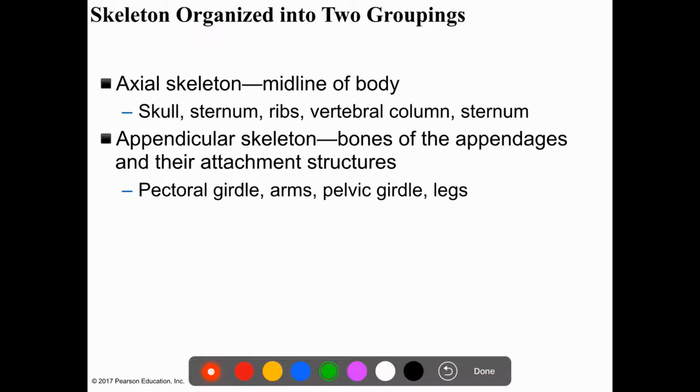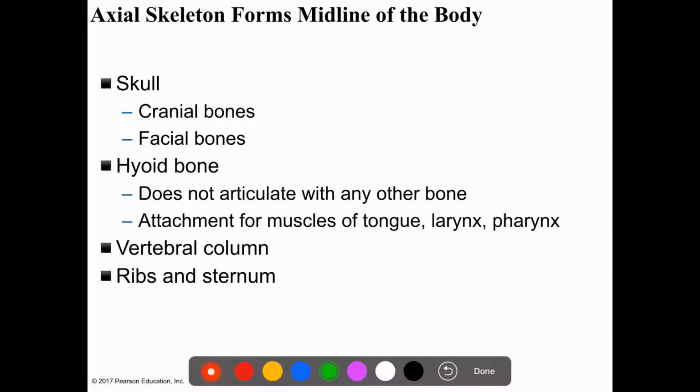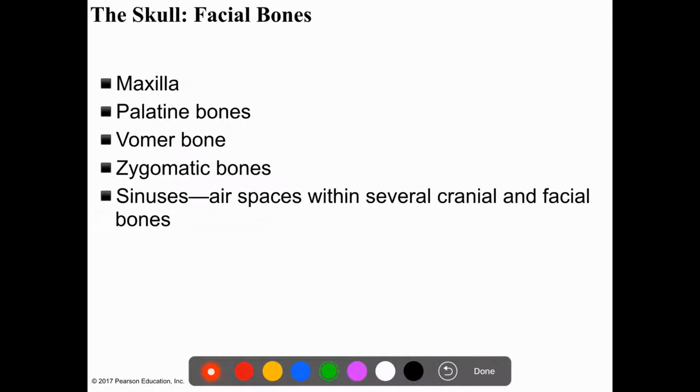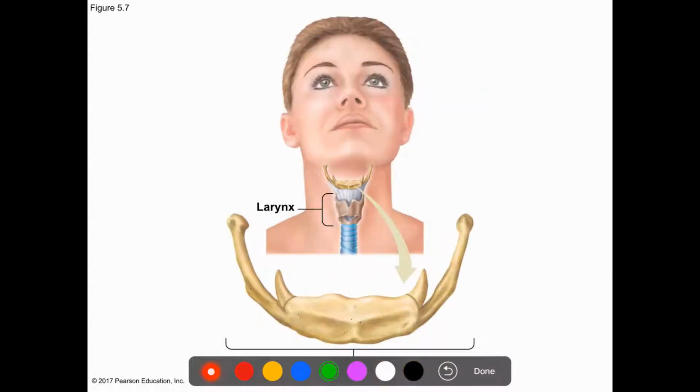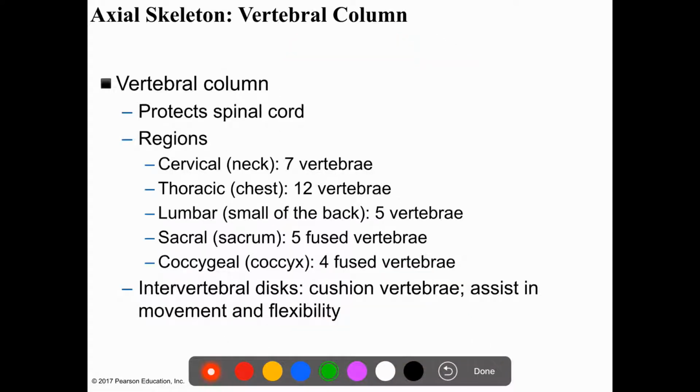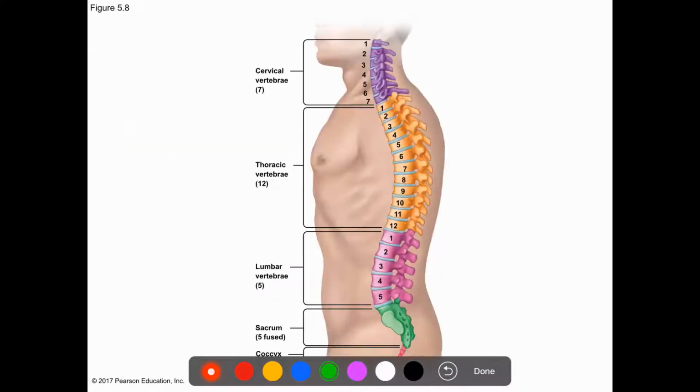Now, for these slides, I'm not going to go through them because they are pretty straightforward, and we are going to see them in the lab. So I'm going to skip them to save you a few minutes. Go through them, please.